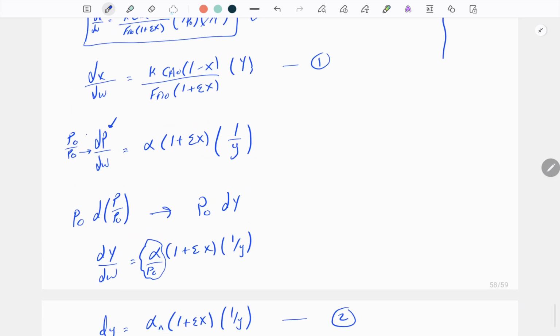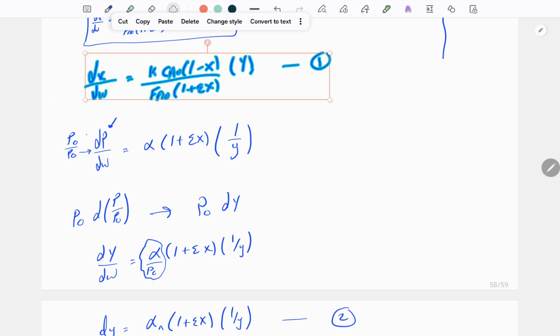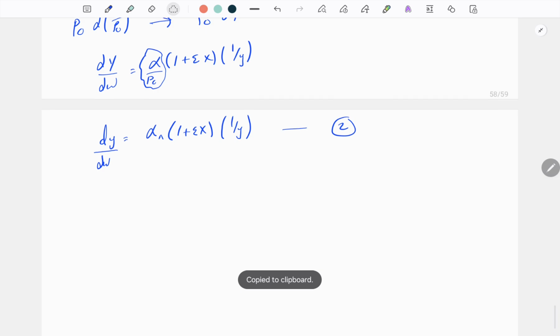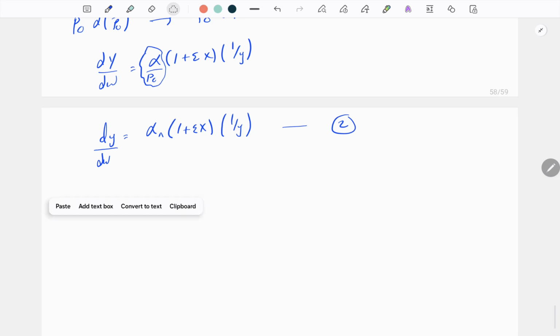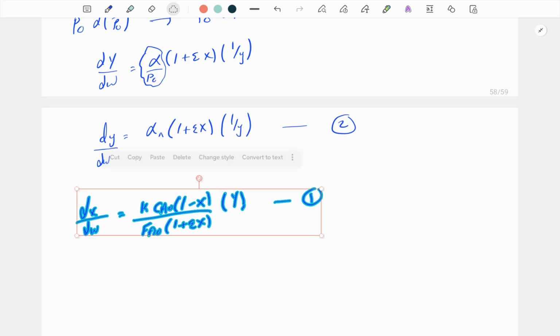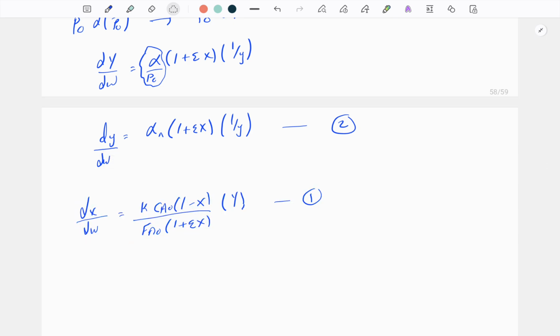Let me bring this down here. Using these two equations, you can size and solve for a packed bed reactor.